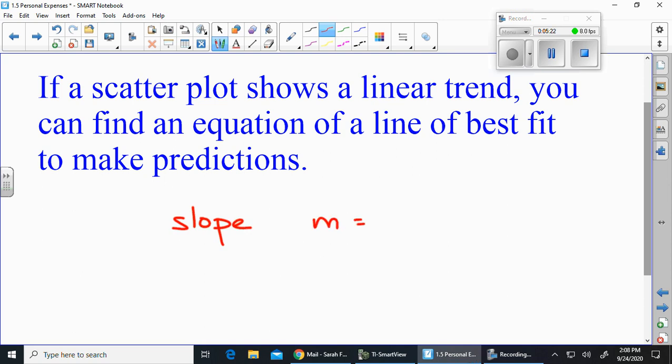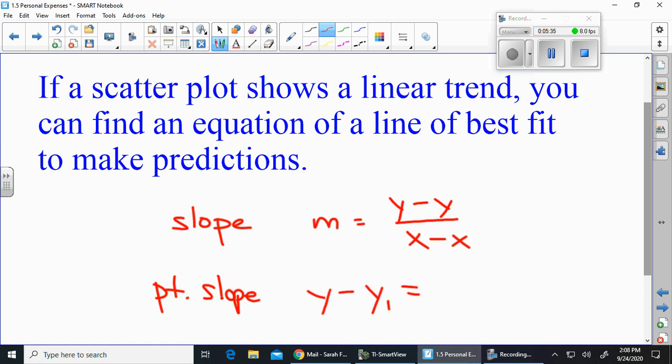You have 2 points, y minus y, x minus x. The other thing, point slope. How do you get that equation? y minus y sub 1 equals m times x minus x sub 1. So we're going to be plugging in the slope and then a point.